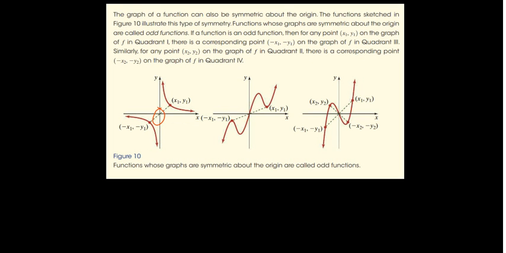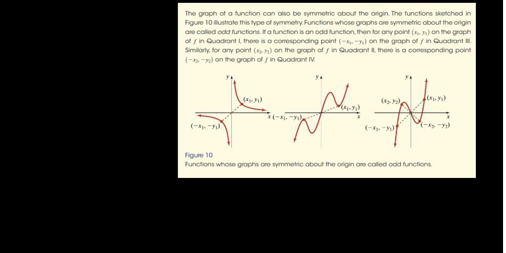What that means is basically that we are folding it over the y-axis and then over the x-axis, right? So let's look at this one, for example. If we were to fold this over the y-axis, it would look like this. And if we folded it over the x-axis, we would go right here. Same for this one.